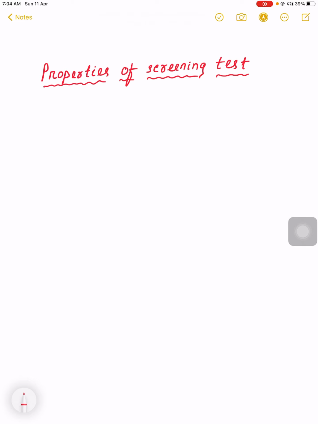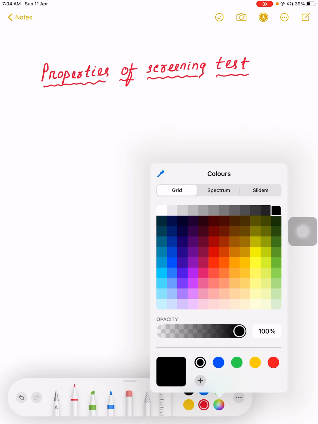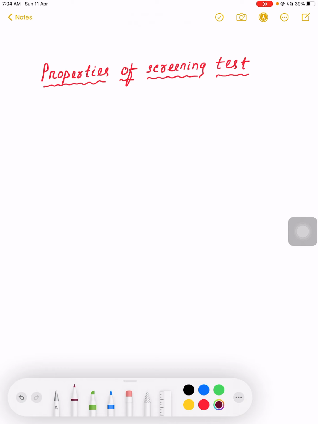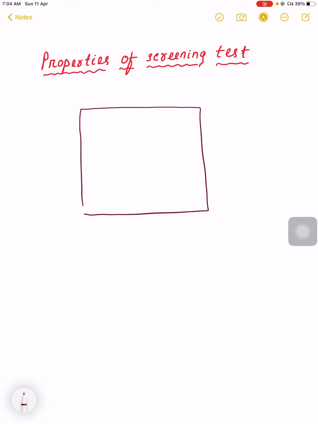Just have a look. Just remember this table which I will give to you right now. This is the table.